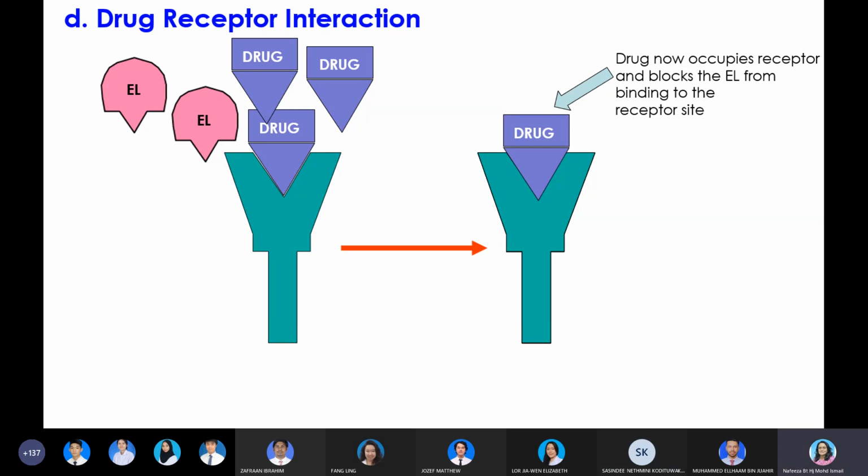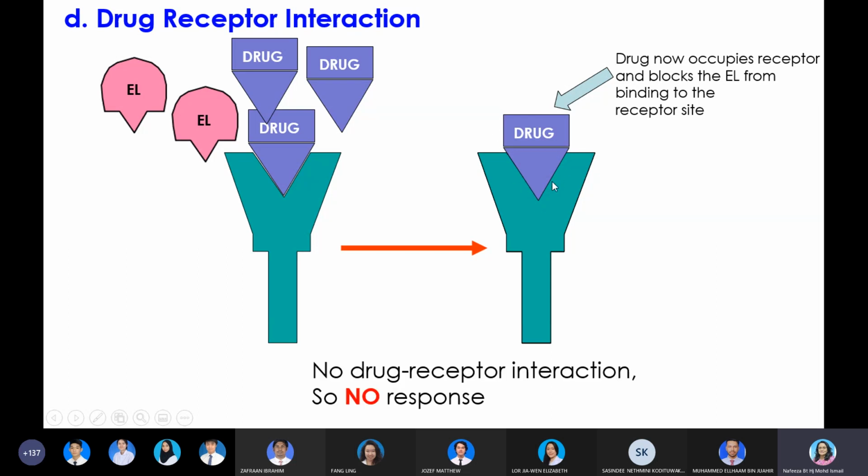The drug occupies the receptor. It blocks the endogenous ligand from binding to the receptor. Can you see that? So there will be no drug receptor interaction, so there'll be no response. Now students wonder why we say there's no response.